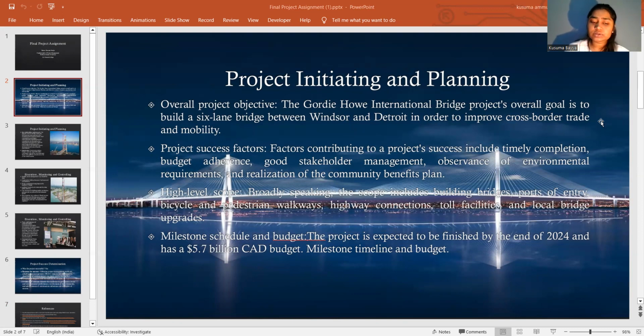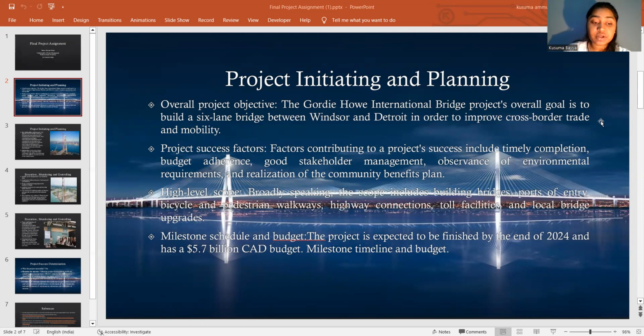These include keeping to the predetermined schedule and budget, managing stakeholder expectations effectively, strictly adhering to environmental laws, putting the community benefits plan into action, and creating strong connections between the involved highways and the ports of entry.